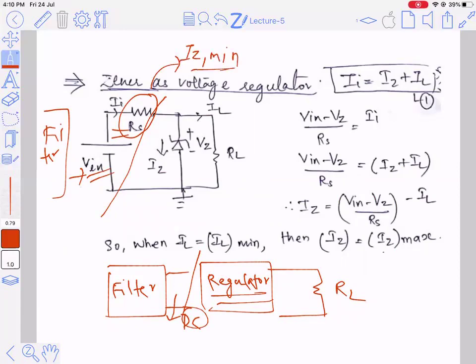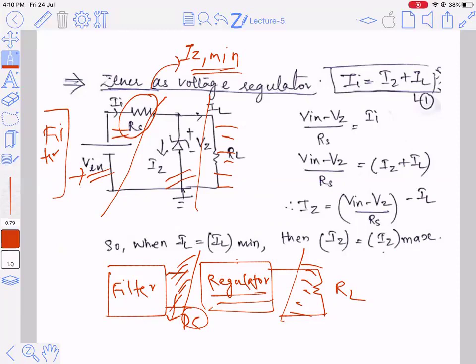We need at least that much current to flow through the Zener. So this is this particular part. Then you have this side RL. So what is this regulator? That is nothing but a simple Zener diode.